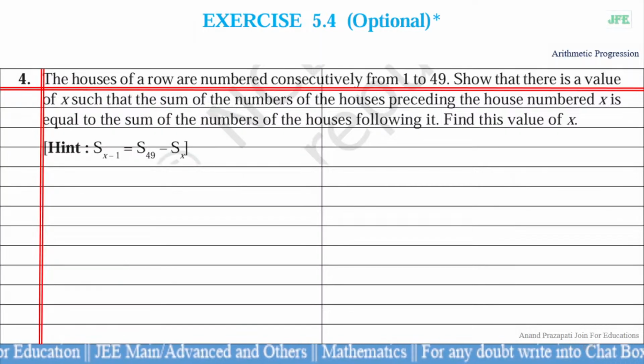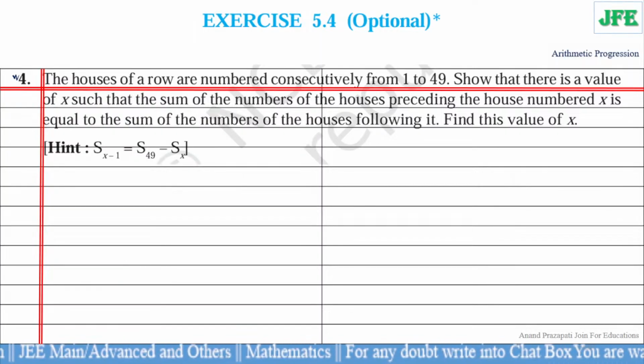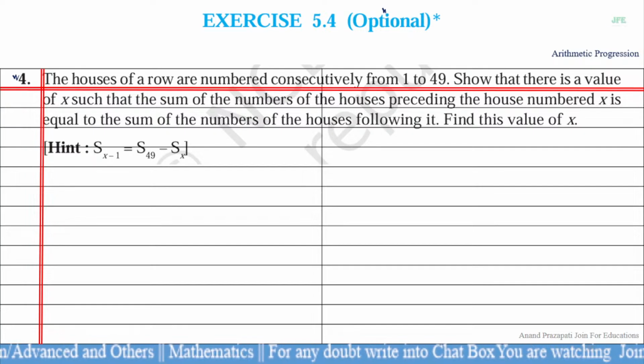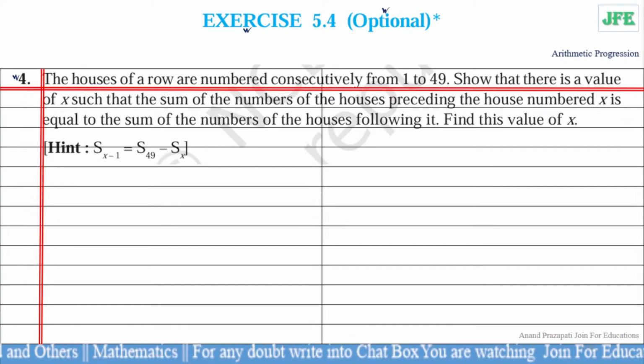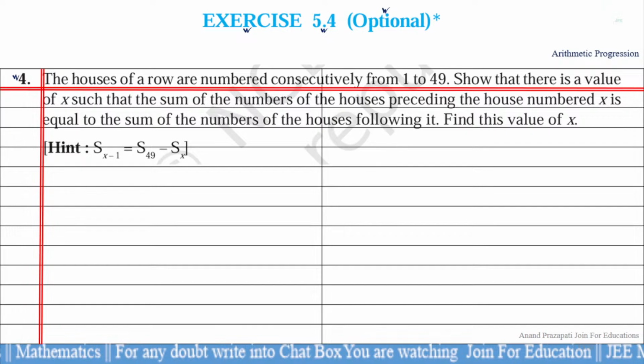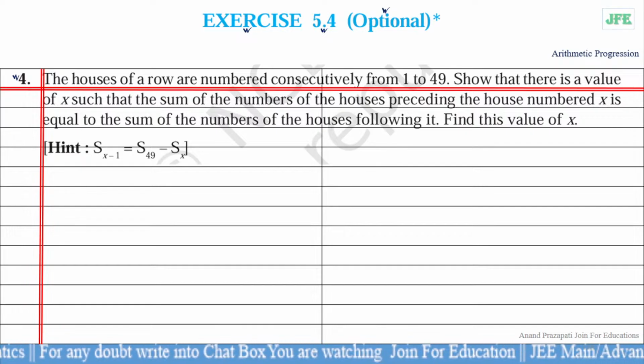Let's see the question number 4 of optional exercise 5.4. I am going to read this question.